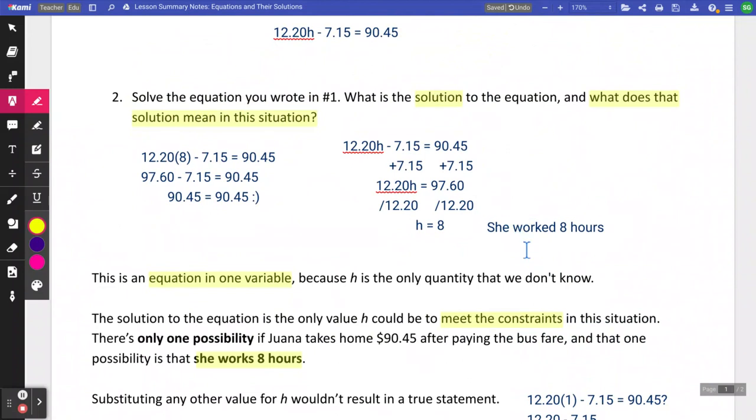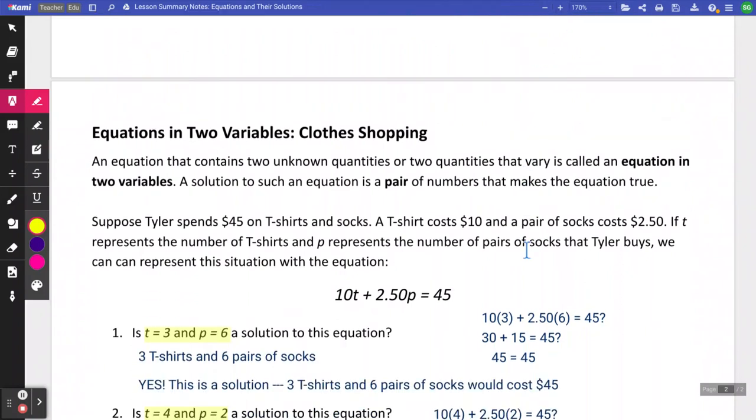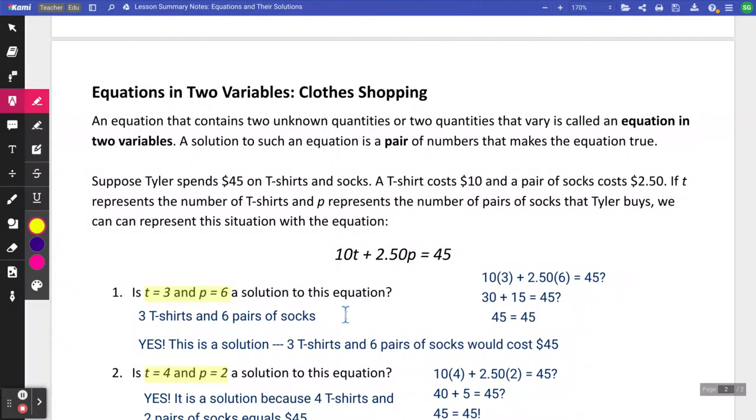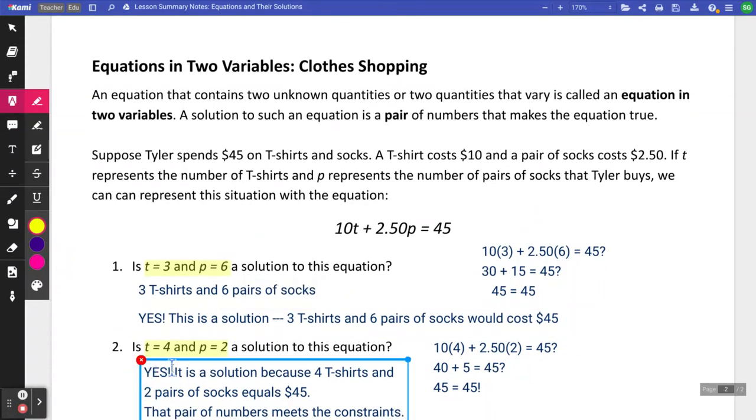Not more, not less, just exactly 8 hours. But down here, when we're talking about 2 variables, 2 unknowns, we're seeing there's more than one combination that could work out. He could maybe buy 3 t-shirts and 6 pairs of socks. He could buy 4 t-shirts and 2 pairs of socks. There's going to be more than one solution. There's going to be more than one pair of numbers that, when we substitute, make that equation true.